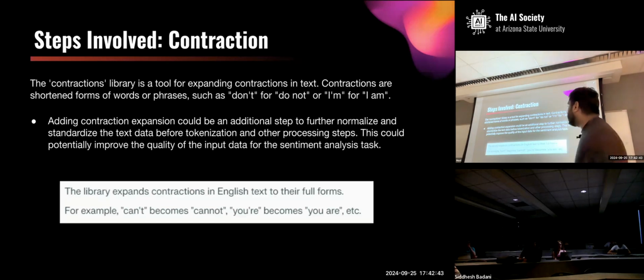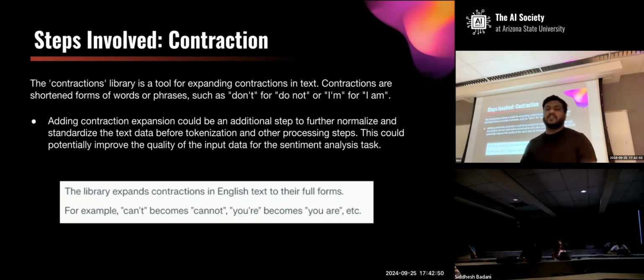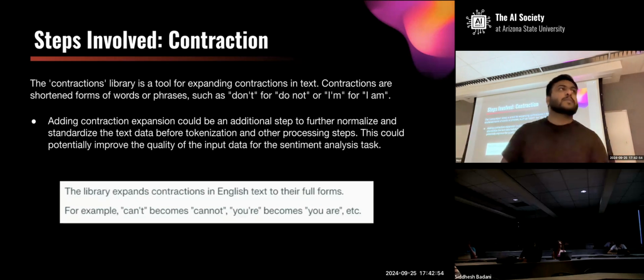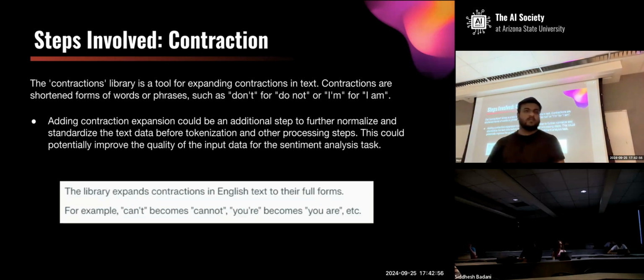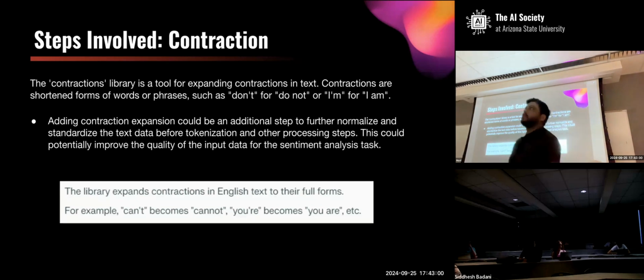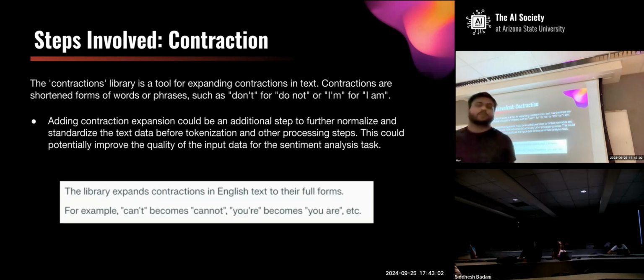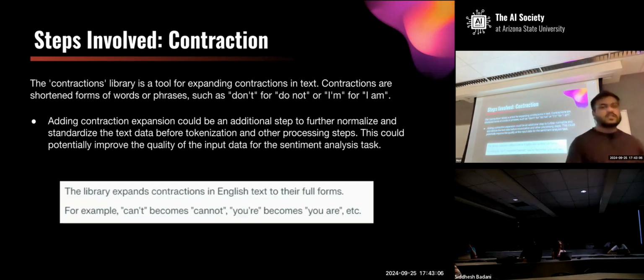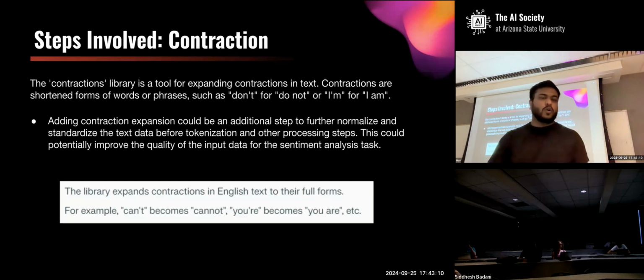And if you are typing you're in a short way, it is the same as you are, but the machine will consider these two cases as different ones. It won't be able to understand that these are the same thing.